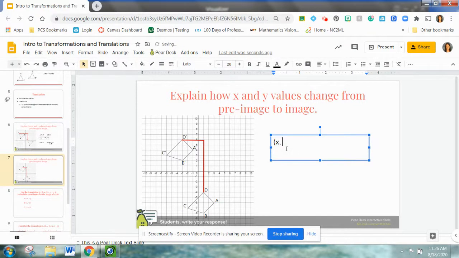We've got X, Y, our original coordinate point is going to turn into, now I'm starting at 1 for D, and I'm working backwards to -3. Since I'm going to the left on the number line, that means subtraction. So I have X minus 4.